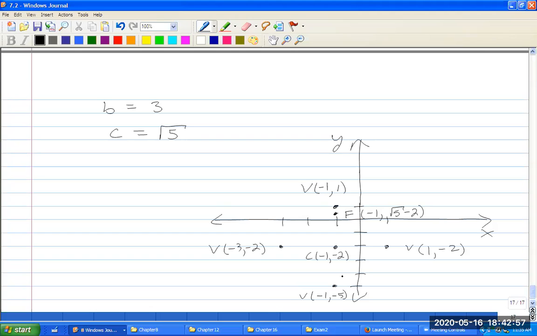And then this focus will be at -1, -2 minus rad 5. Okay, so let's try to draw this, best I can draw it. Okay, so there.